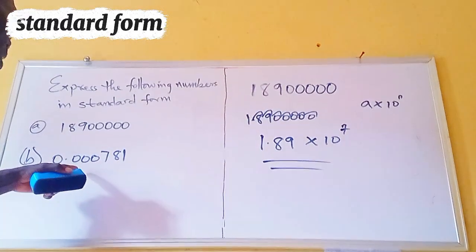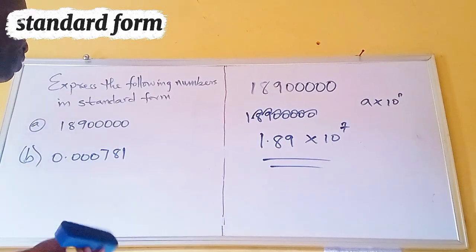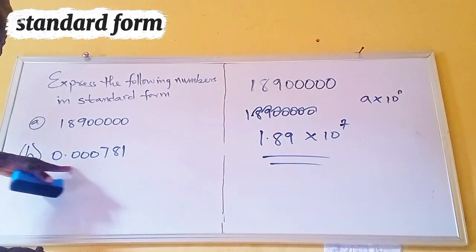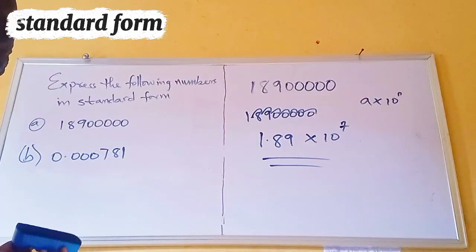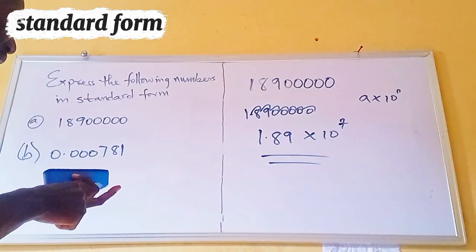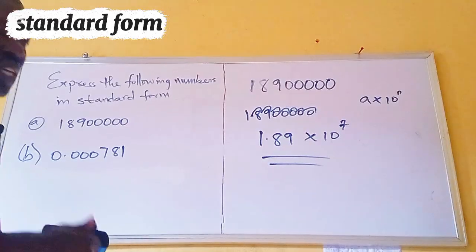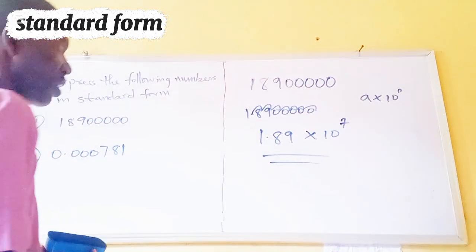So this now, the power is going to be negative. We are going to be having a negative power because of this decimal fraction number we are given. So we are still to express it in the form of standard form or scientific notation. That is a times 10 raised to the power n.